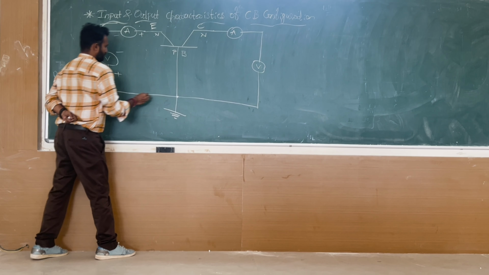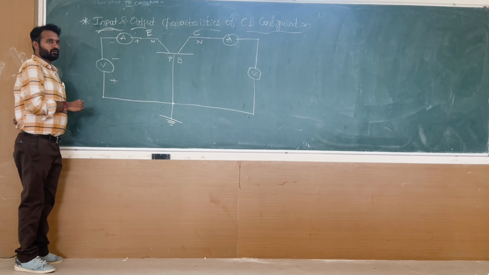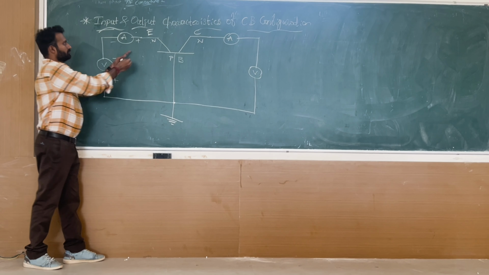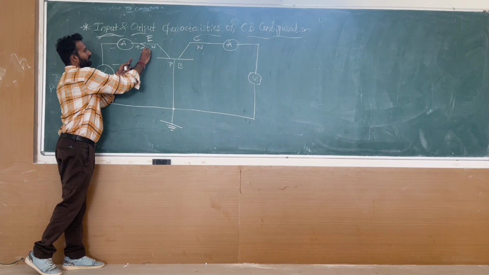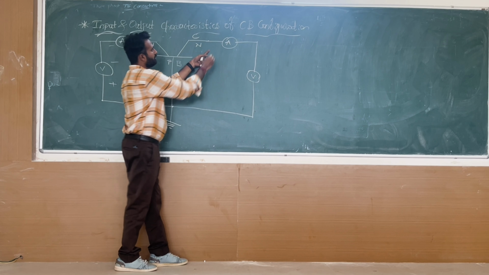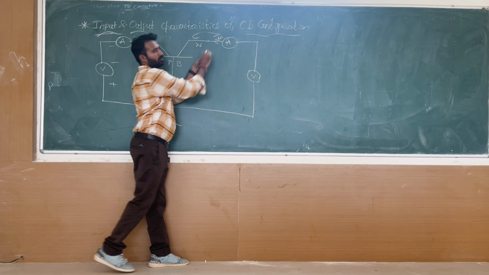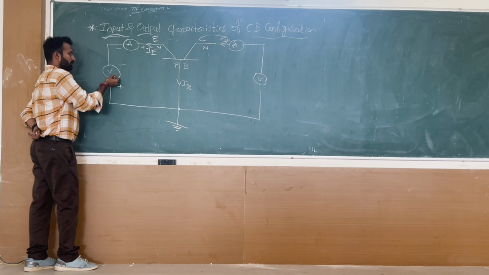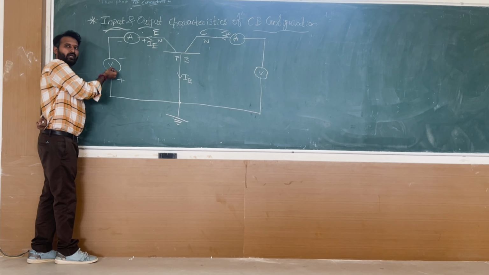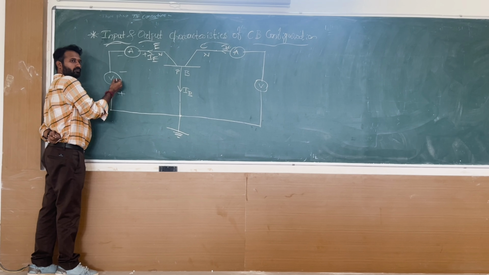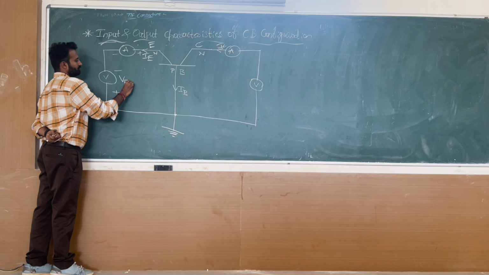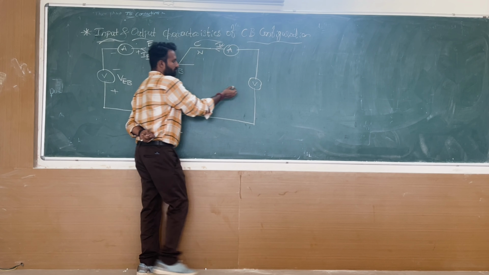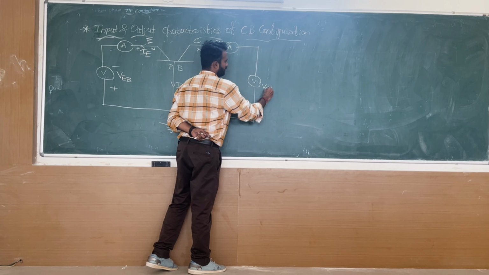Understandable up to this? Yes, sir. So you give names to them. This will be emitter current, this will be collector current, and this will be base current. And you can name the voltmeters: give the name VEB, and give the name VCB to this one.